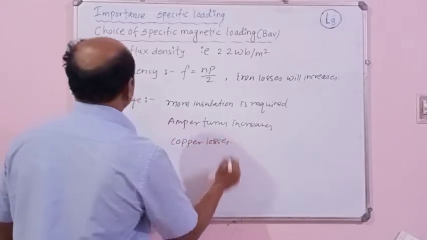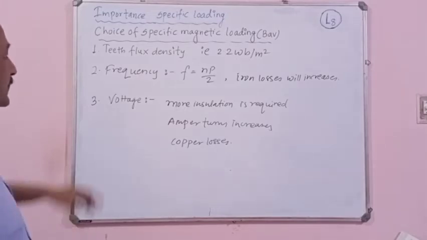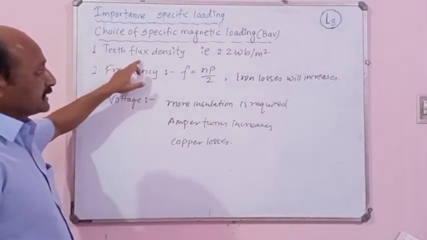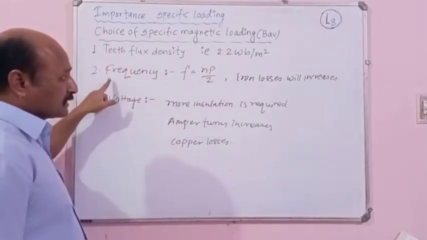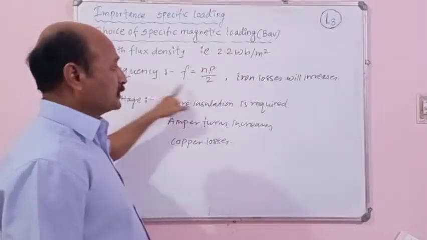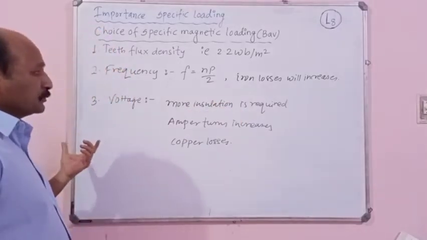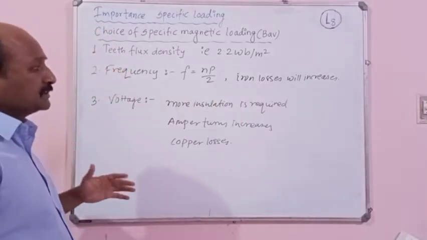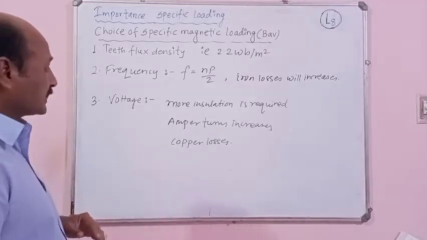So that's why, while selecting the specific magnetic loading, these are the important points: the teeth flux density should not be more than 2.2 Weber per meter square. Then if the frequency is more, the iron losses will increase, and if the voltage is more, under that condition more insulation and more space is required, and limited space is available for the conductors.